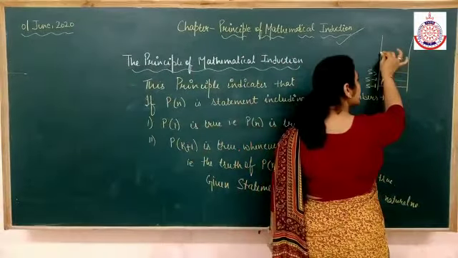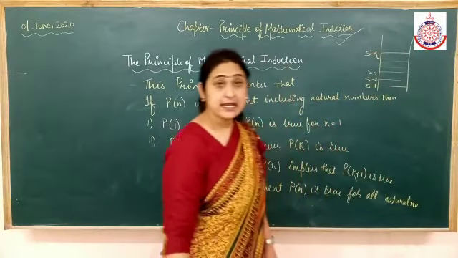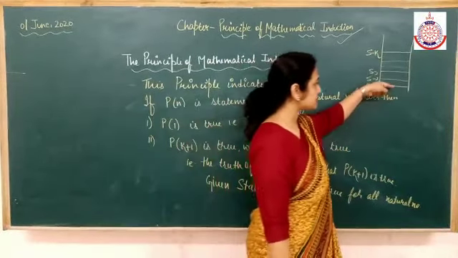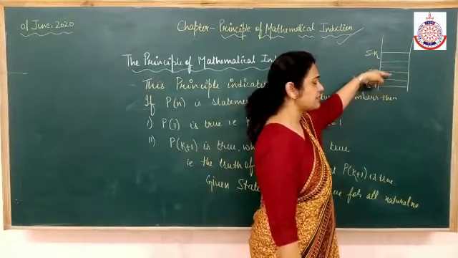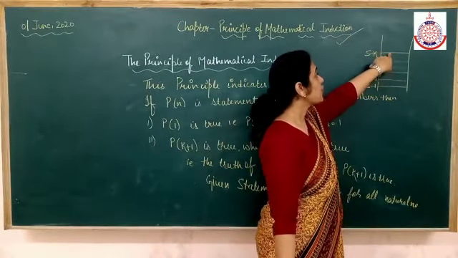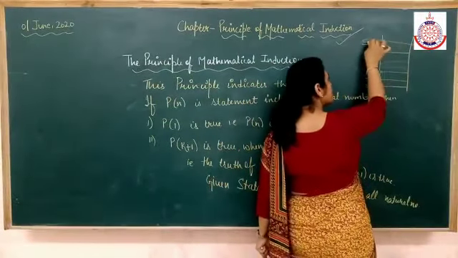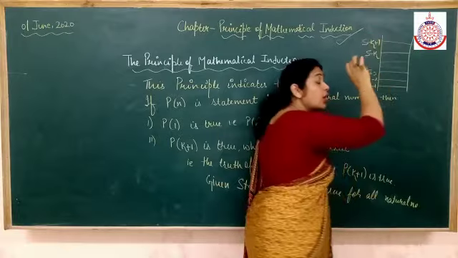Then I am assuming I am able to climb at step k. If I have started from here, I am able to climb here, and the same way I will be able to climb on 2, 3, 4, 5. So I am able to climb at step k. Then I will prove that I am able to climb at the next step also.